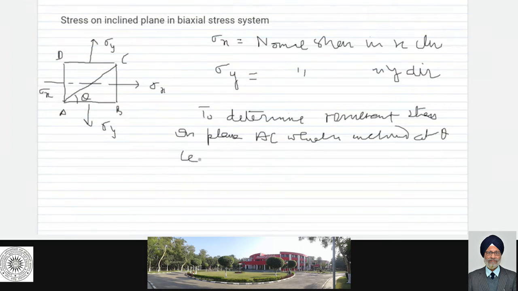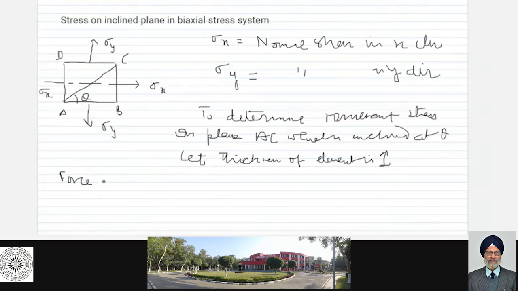So let the thickness of the element be 1. If the thickness of the element is 1, okay. So we have to resolve all the forces. So this is a stress sigma y. What will be the force here? So let us determine first the force.